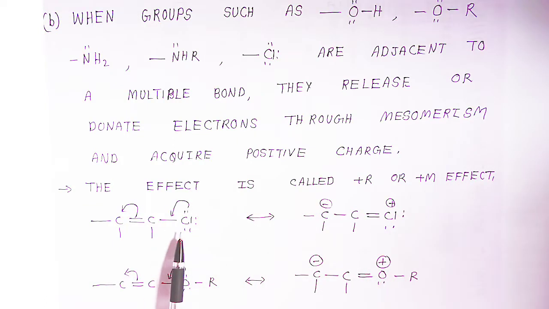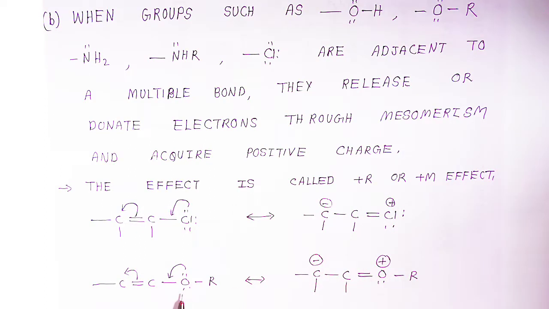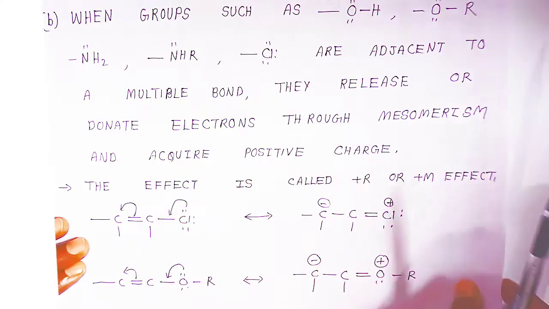Here, students, you can see the chlorine is donating electrons to this bond, and because of that it has positive resonance, or positive mesomeric effect. The same thing happens in the alkoxy group when it is connected to the double bond. The electron shifts here, this part becomes negative, and the alkoxy group becomes positive. So it is called positive resonance, or positive mesomeric effect. Understanding, these are very important from the examination point of view, students.